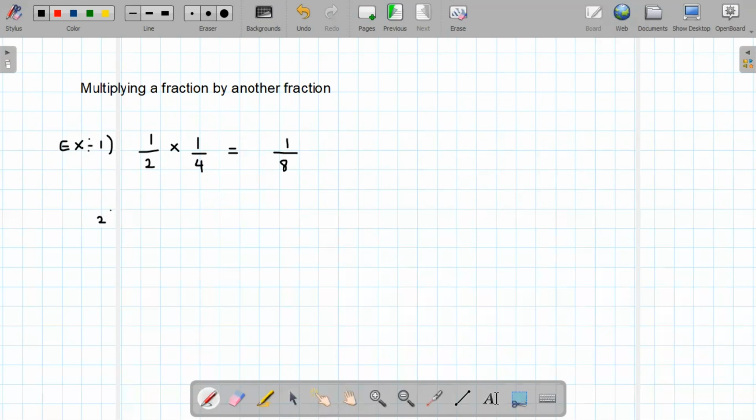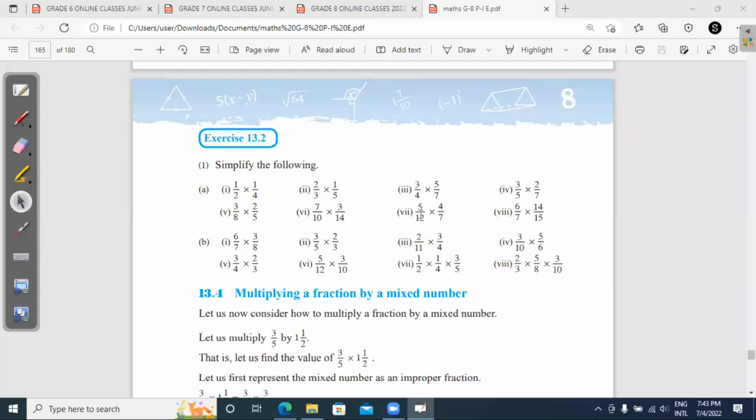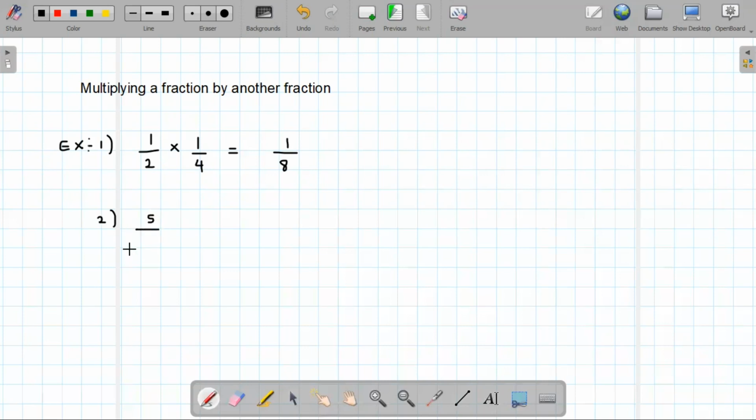Then the second one I'm going to discuss, 5 over 12 into 4 over 7. Here you can see that if I consider 5 and 7, there are no common factors. But if I consider 4 and 12, the highest common factor of these two numbers is 4. Then if I cut 4, it means I'm going to divide these two numbers by 4.